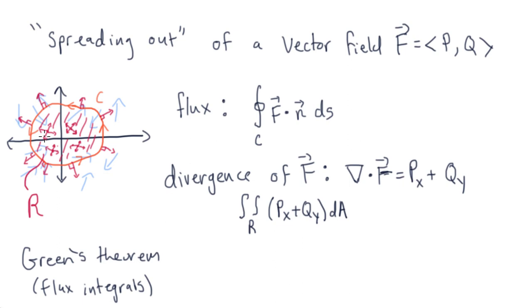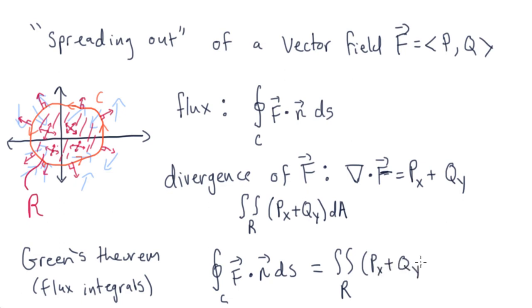So the spreading out on the interior, not surprisingly, is equal to the spreading out on the boundary. So the flux integral equals the double integral over the region enclosed by C of the divergence.